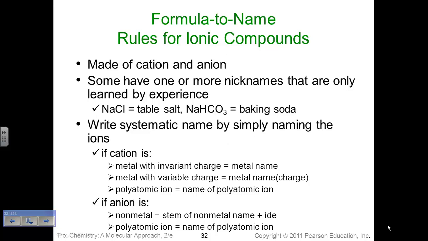Those are the elements that we know the charge just by where they live on the periodic table. First family column, always a +1. Second family column, always a +2. Aluminum, always a +3. Zinc and cadmium are +2s, and silver is a +1.